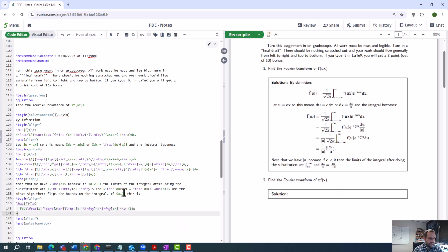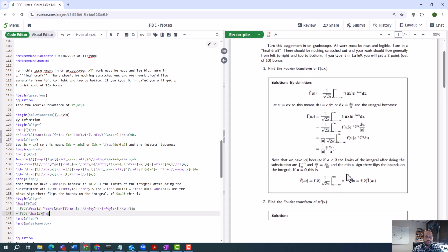Well, what is this? This is just going to be f of 0 times the Fourier transform of the function 1. I'm going to write it like this, 1. Looks kind of weird, but that's okay. But now we have to remind ourselves, what is the Fourier transform of the constant function 1?